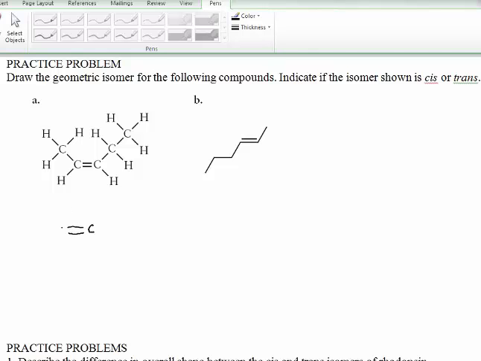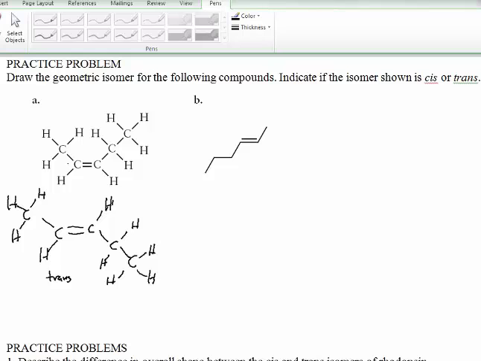So we draw that C, and now instead of going up, we'll just go down, and then add hydrogens as appropriate. This carbon has 3 bonds to it, so it needs only 1 more hydrogen. This carbon has 3 bonds to it, needs only 1 more hydrogen. And so this is the trans isomer.